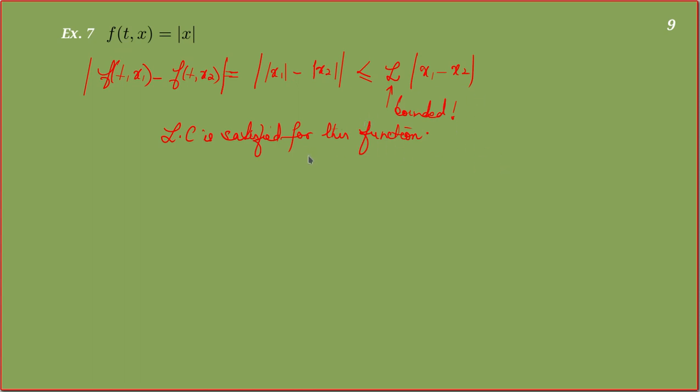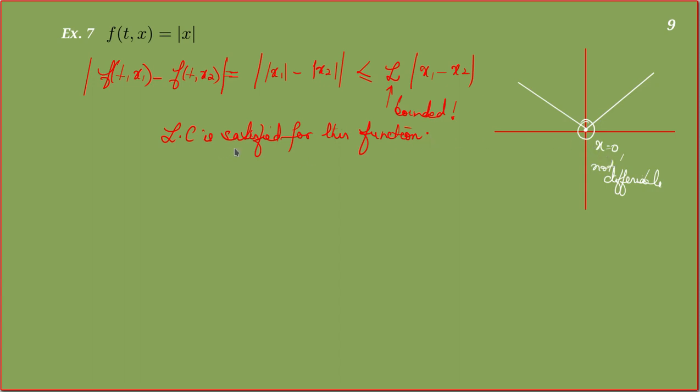Okay, so now the important point that I wanted to stress here: in the last session we had seen that this is mod x, and this function is not differentiable at x is equal to 0. This we had seen in the last class.